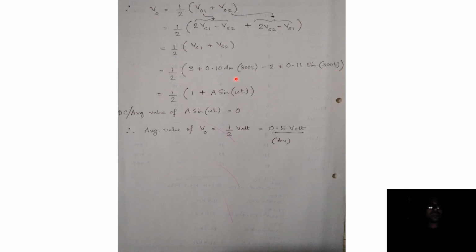These values are mentioned in the problem, and therefore this simply becomes equal to half of 1 plus some sinusoidal component arising out of these two expressions. And we can generalize this as A sine of omega t.